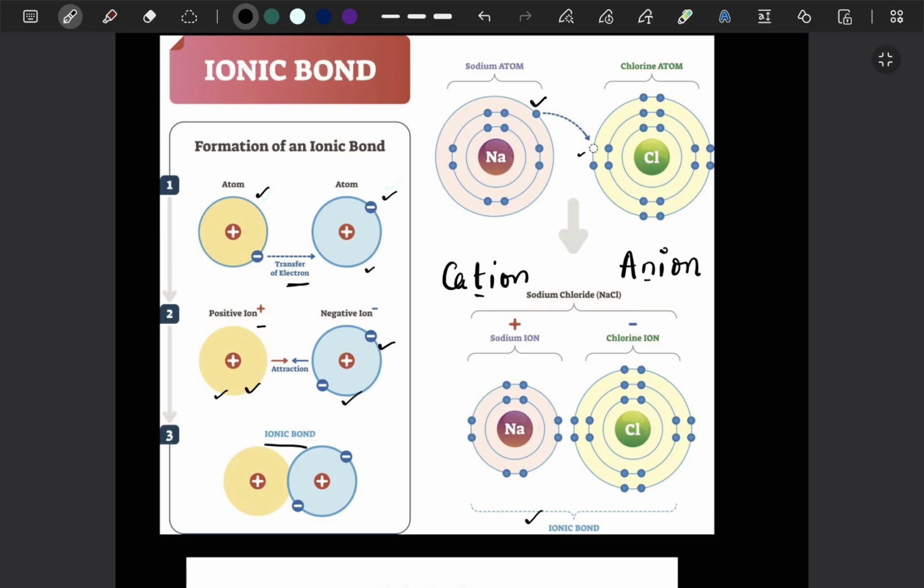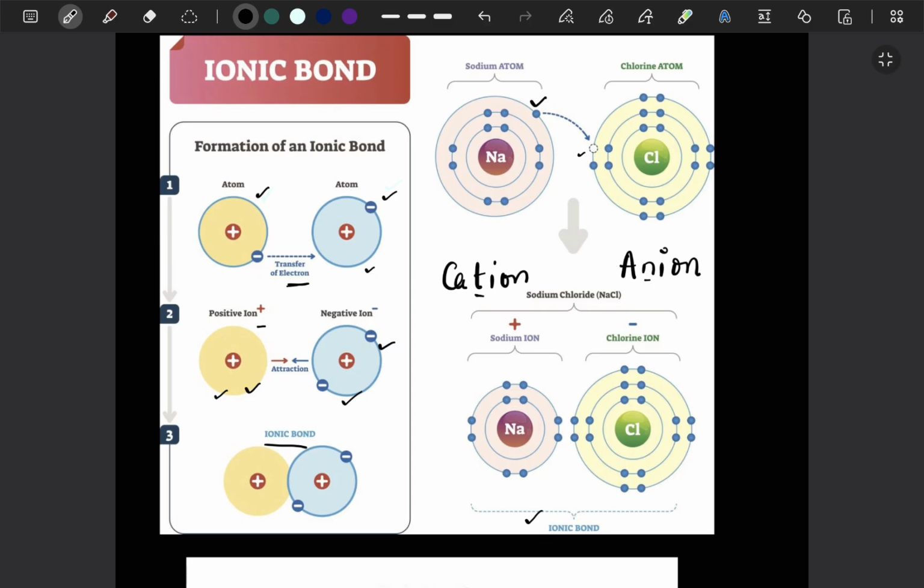One more thing, any two oppositely charged ions can come close to each other to form the bond, and it's not compulsory that the positive and negative ions are formed because of giving electrons to the other atom itself.